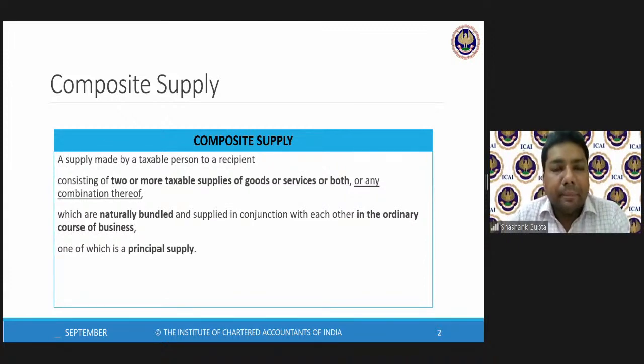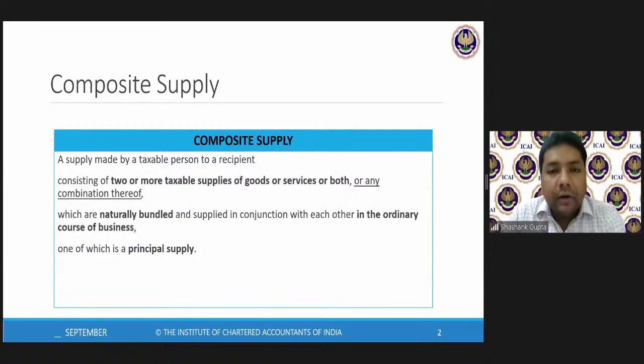Because prior to implementation of GST, central government and state government were separately levying indirect taxes. So central government was levying central excise, service tax, and on the other hand, state government was levying VAT. Then there was central sales tax, which was levied by the central government, but collected by the state government.